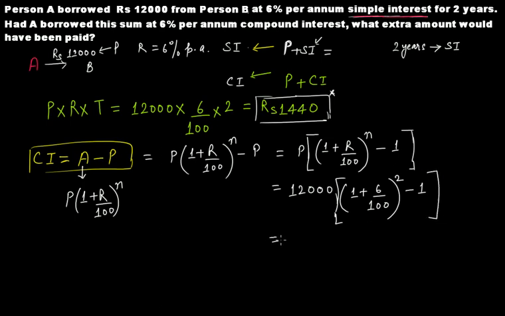If you calculate it, you'll get rupees 1483.2, right? So this is the compound interest that person A would have paid in this hypothetical situation.